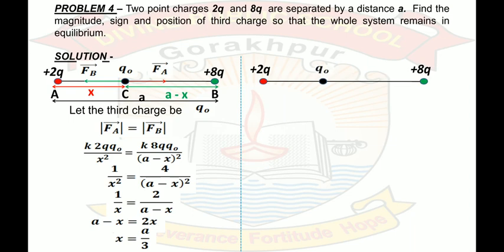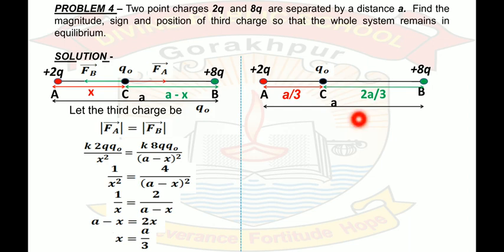Now q naught is placed. Let us name the points a, b, c. The distance between a and c, as we have just calculated, is a by 3. Obviously then the distance between b and c will be 2a by 3. The whole distance was given as a. Now we have to get the value of q naught.